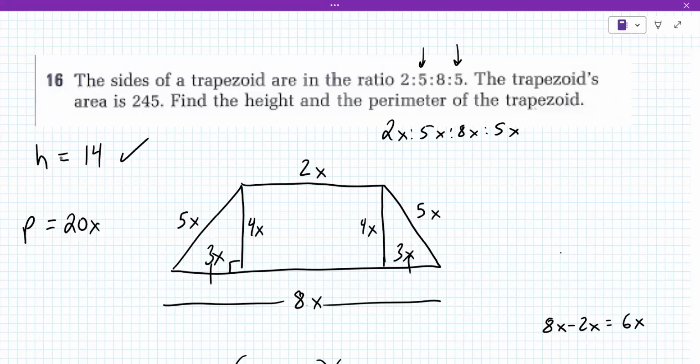Perimeter is 70. Yes, you got it. All right. Any thoughts on that before we move on to 17 A and B? Nope, that was good.